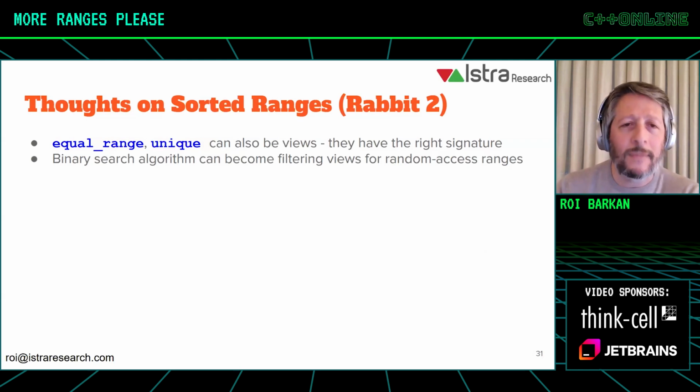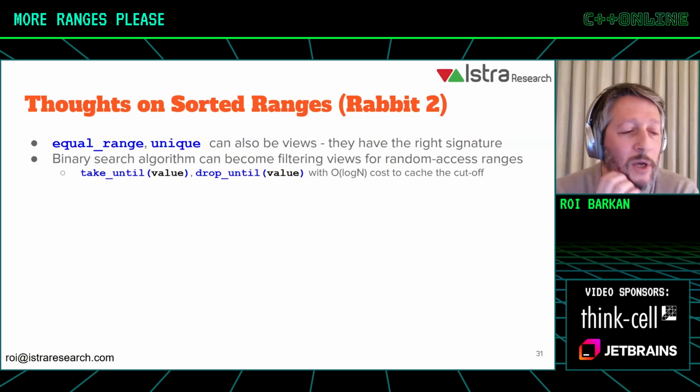And the entire notion of binary search, if our inputs are sorted, can become these types of filtering views for random access ranges. For example, we saw that we have take and take while and drop while.